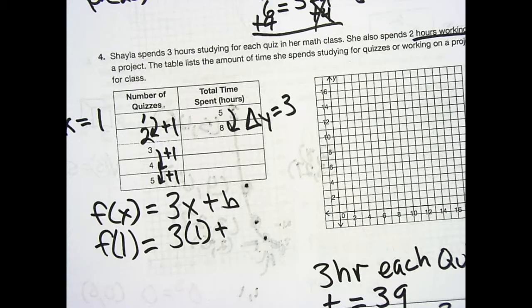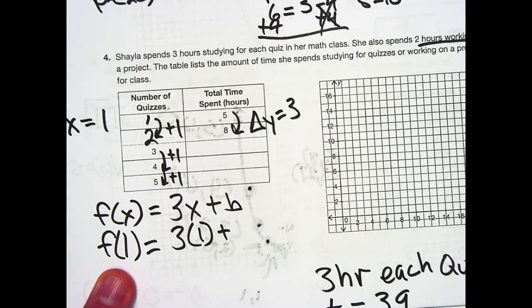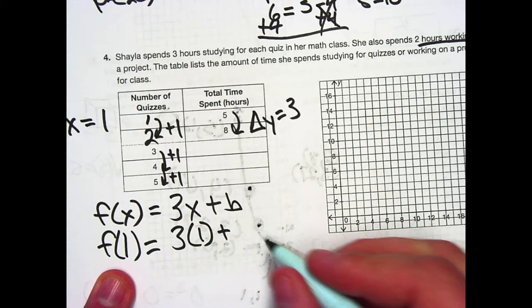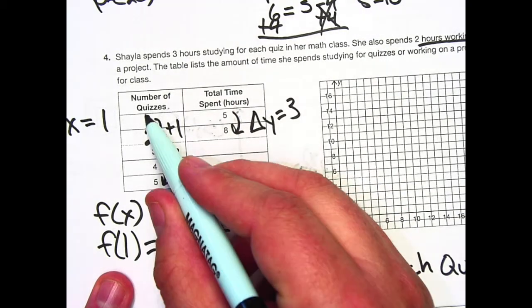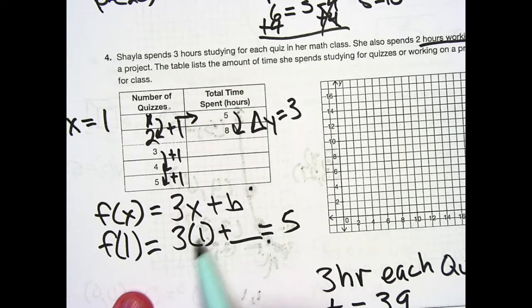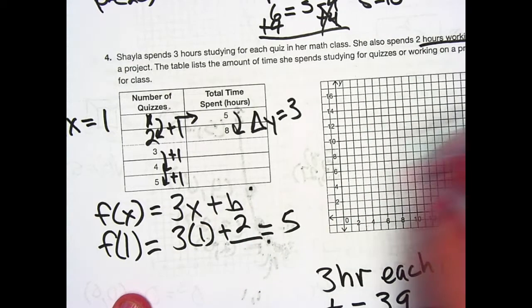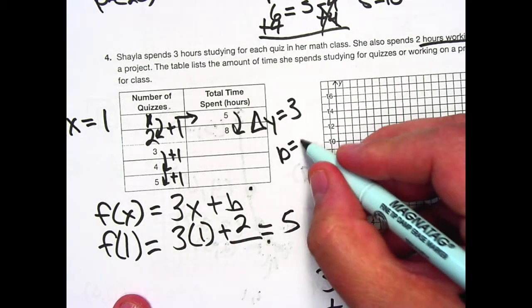But what is the y value associated with an x value of 1? 5. When I plug 1 in, I should get 5, right? Yeah. So what's 3 times 1? 3. So what do I add to it? 2. So now that means b might equal 2.